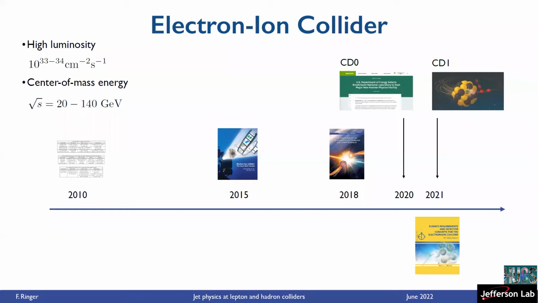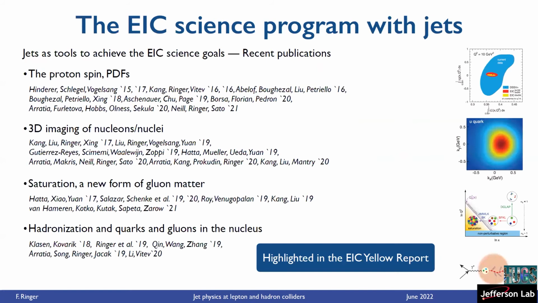But now in the Yellow Report, there's actually quite a lot about jet physics. What has really changed is that we understand much more about the theory of jets since then.